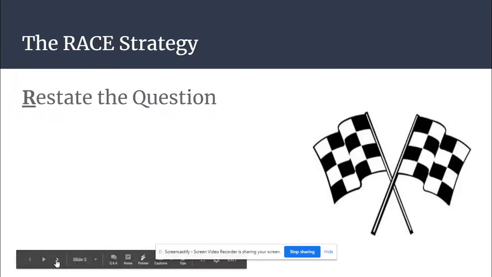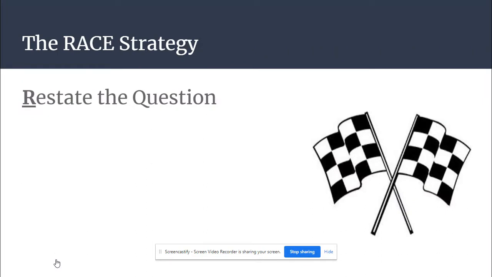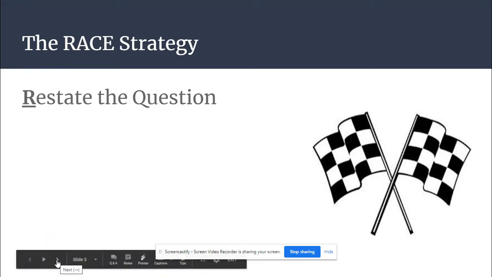So this strategy is called the RACE strategy, and it is a mnemonic device, so it's supposed to be easy for you to remember. The R in RACE stands for restate the question, and we'll talk about what that means a little bit more as we go on.